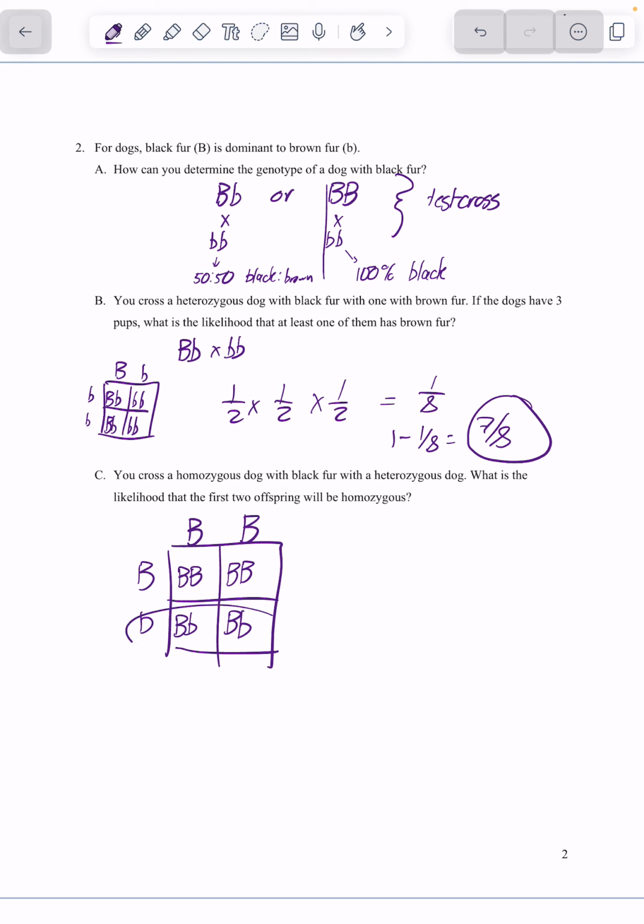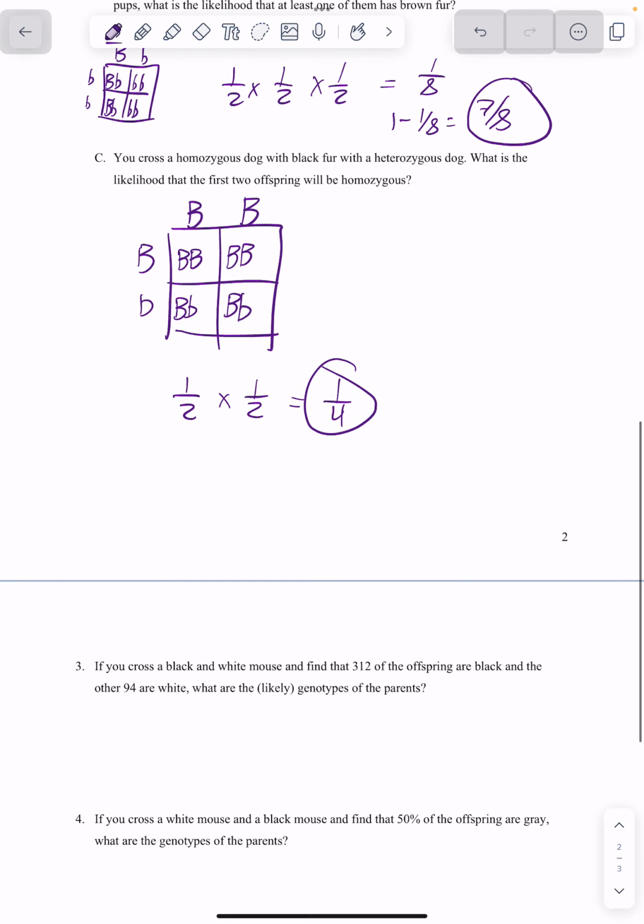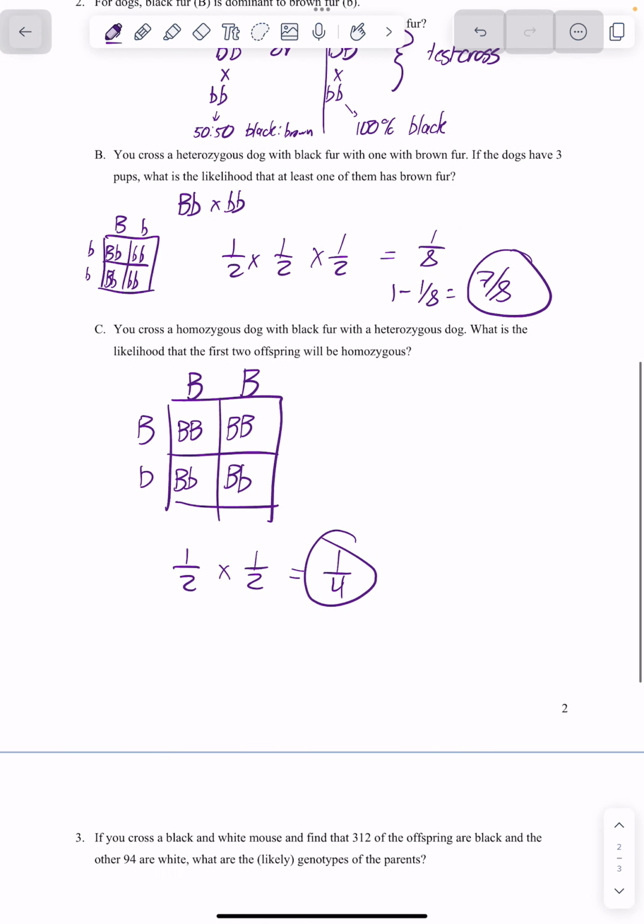The likelihood of one offspring being heterozygous is 1 over 2. The likelihood they're both heterozygous is 1/4. Or wait, sorry, I said that backwards, but the same math adds up. The likelihood that one is homozygous is 1/2. Okay, same thing.